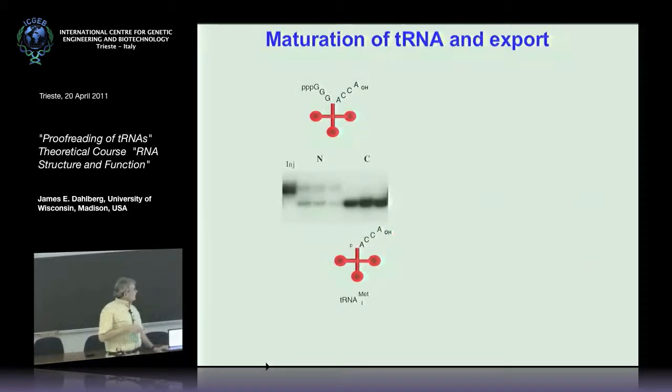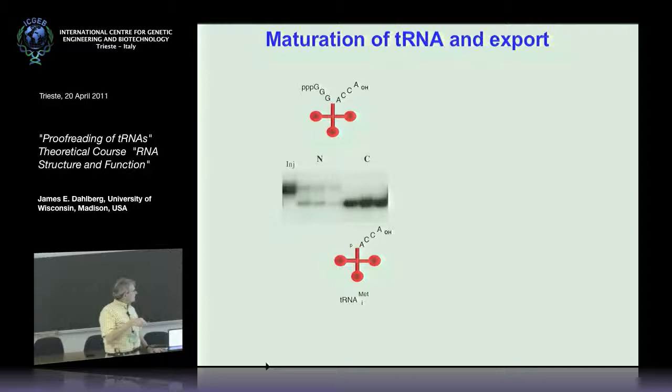We just made an artificial tRNA with the 5' trailer. We were interested in whether the ends are necessary for export, mature ends. So if we put this RNA into the nucleus of an oocyte and look at export from the nucleus into the cytoplasm, this is what we injected, and you can see none of that gets out into the cytoplasm.